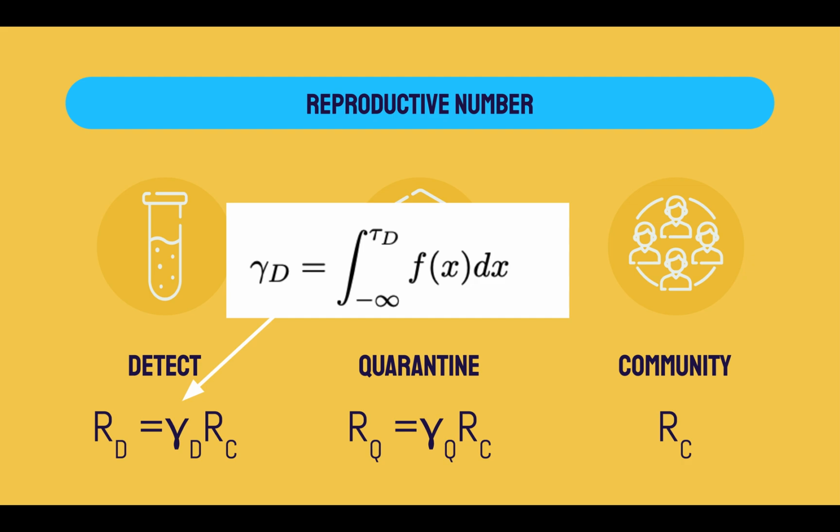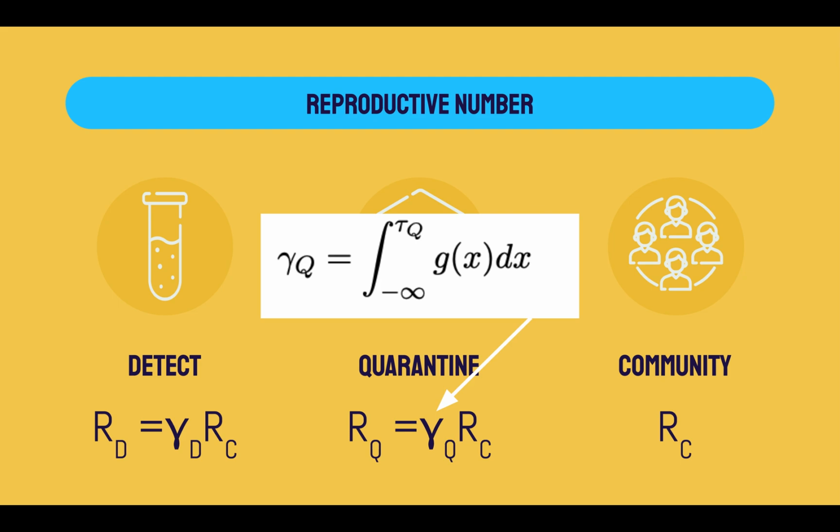That gamma_d is basically the integral from -∞ up to t_d, where t_d is the time from symptom onset to isolation, of the infectiousness distribution. So we're cutting off that infectiousness distribution at the time when this detected individual is isolated. Just like that picture I previously showed, we're only counting time in the red and discounting any of that time in the green.